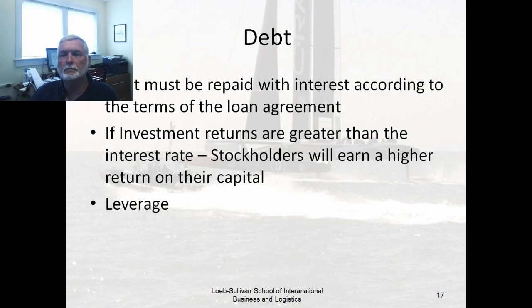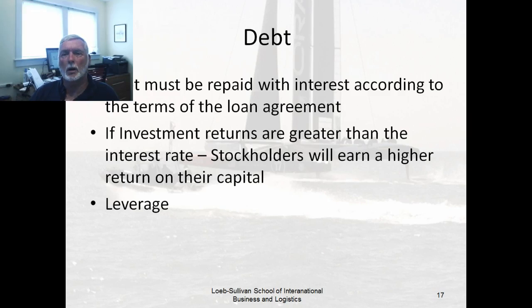When a company borrows money, if they can invest that borrowed money at a higher rate of return than they're paying for interest, that difference accrues to the shareholders, to the equity holders.